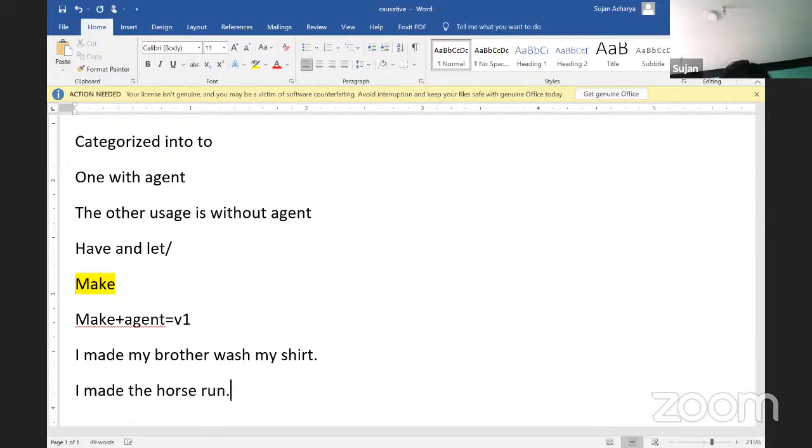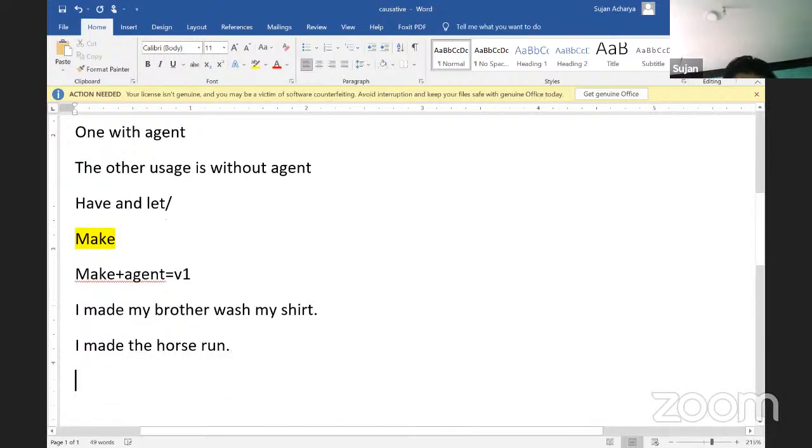So in the question, you will be asked like this. Either you will be asked to complete the sentence with a suitable form of the verb given, or to complete the sentence, or the verb in the following sentence is in. Especially, you will be given options either to use the form of the verb, or the correct form of the verb, or to complete the sentence.